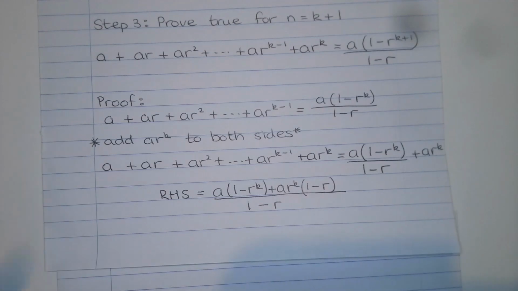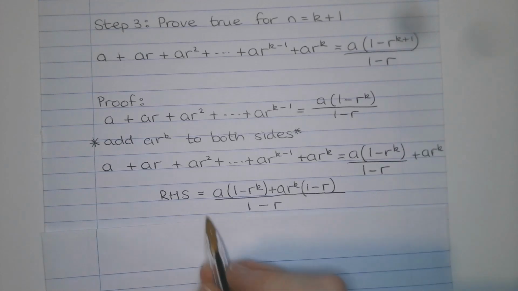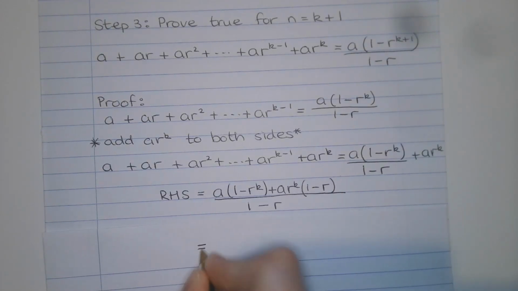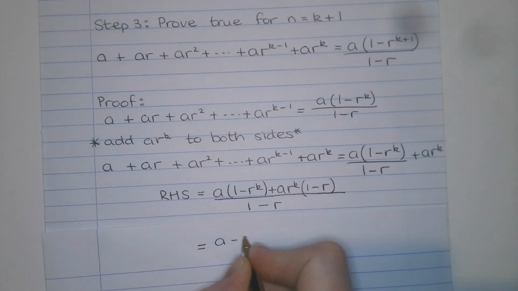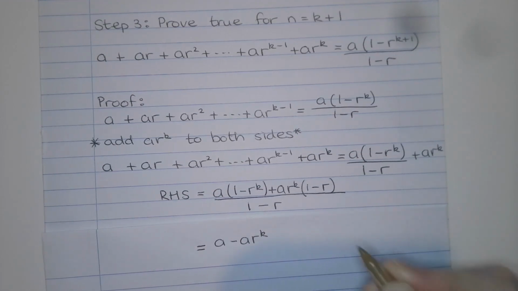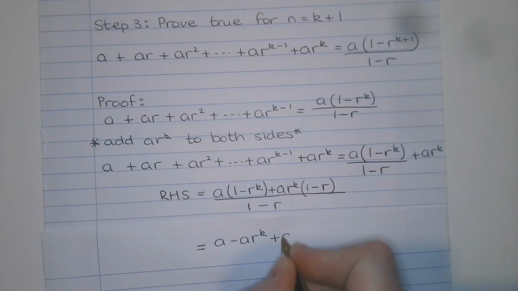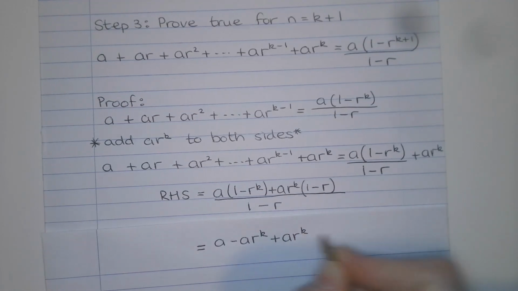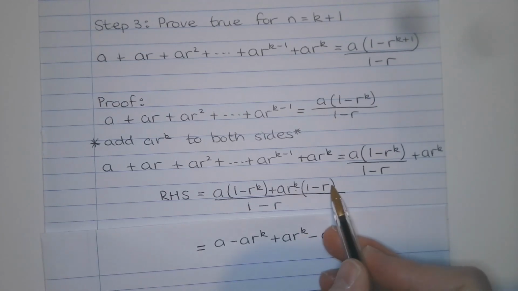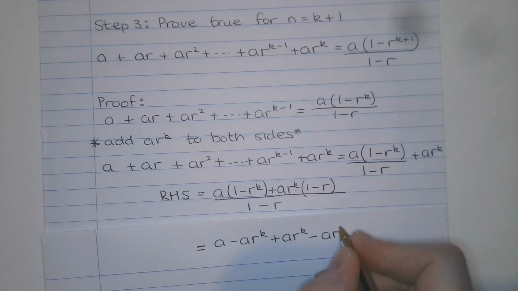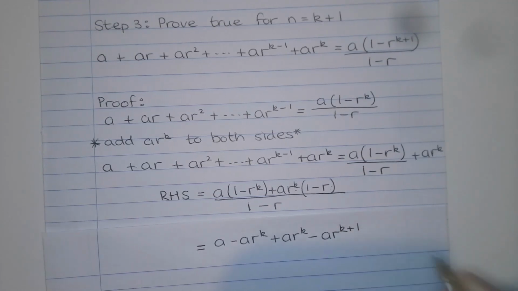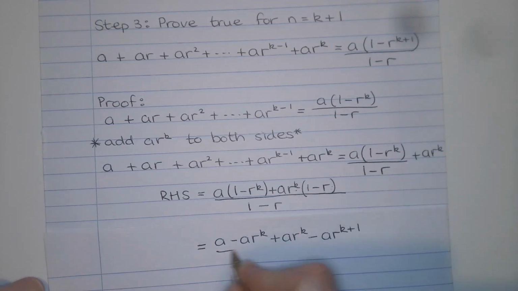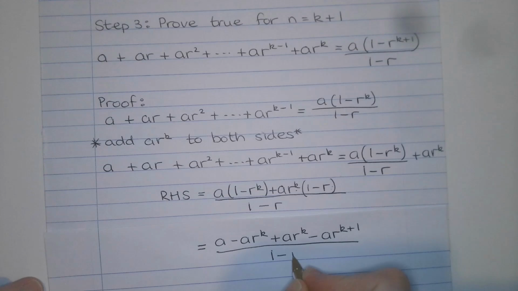So that's just bringing it together into one fraction with a common denominator. So if we multiply out what we have here, we'll end up with a - ar^k. We'll have a plus ar^k and a minus ar. Here we have a power of k and a power of 1. Same base, so we add our powers, so we get k + 1. And on the bottom, we will have 1 - r.